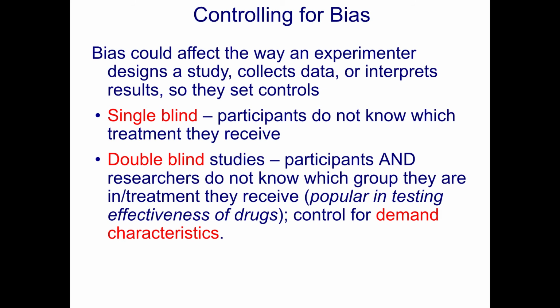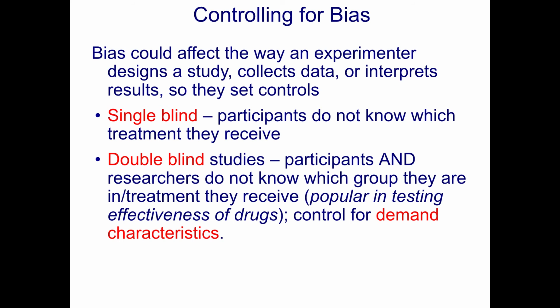But in a double-blind study, we're controlling for the expectancy bias of the experimenters by not letting the experimenters know which group is in the control group and which group is in the experimental group.